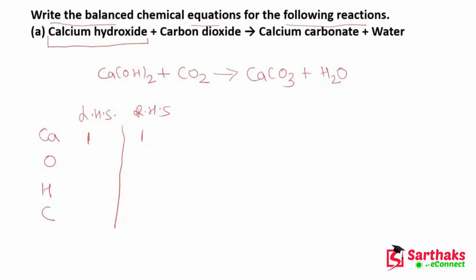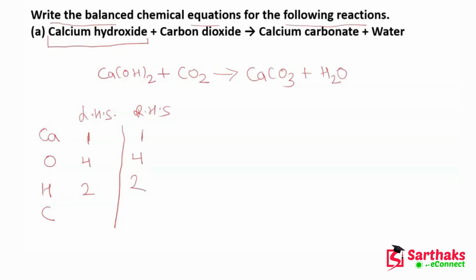On the LHS there are four atoms of oxygen, and on the RHS there are also four. Hydrogen atoms are 2 on the reactant side, and on the RHS also 2.